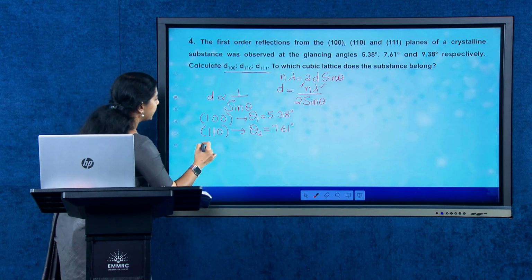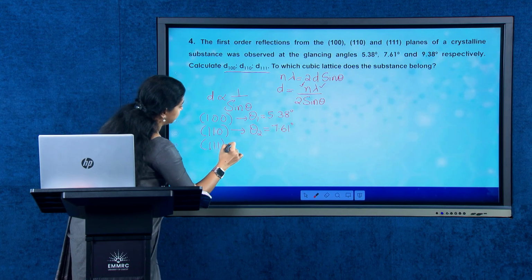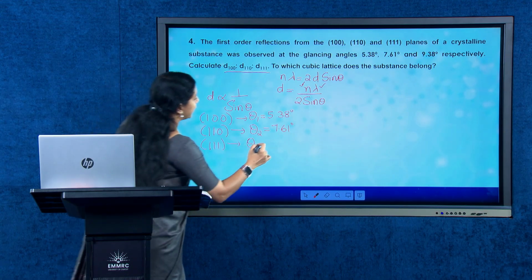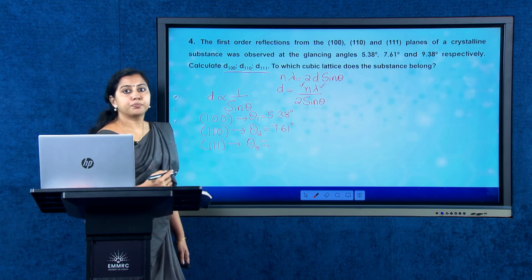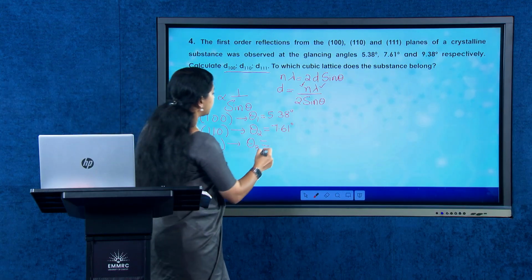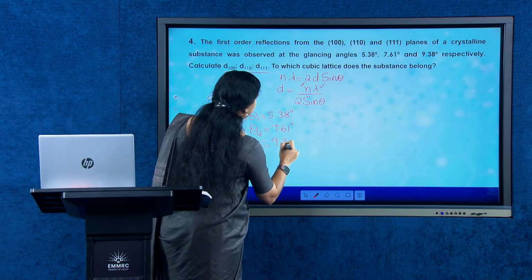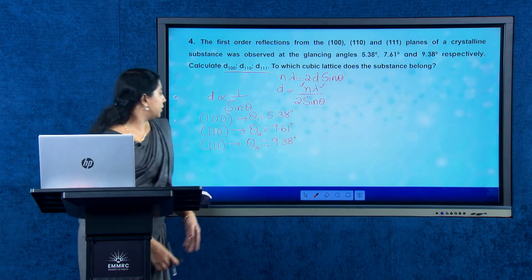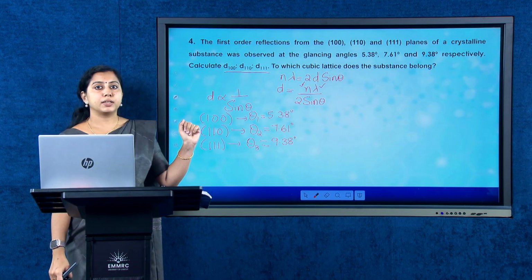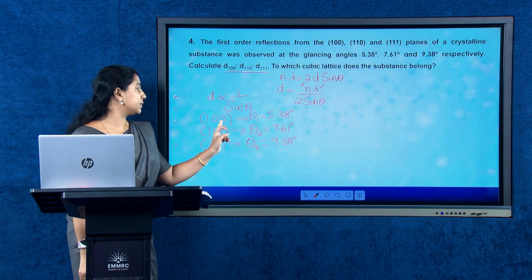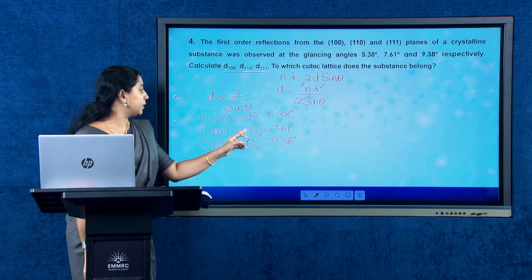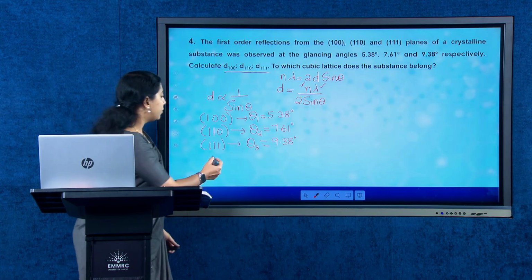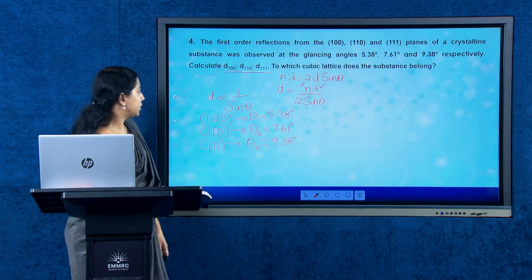And the next plane is the 111 plane. Let us denote the angle as theta 3, and theta 3 is equal to 9.38 degree. Okay. So, we have the angle theta 1 from the 100 plane as 5.38 degree, theta 2 from the 110 plane as 7.61 degree and theta 3 from the 111 plane as 9.38 degree.